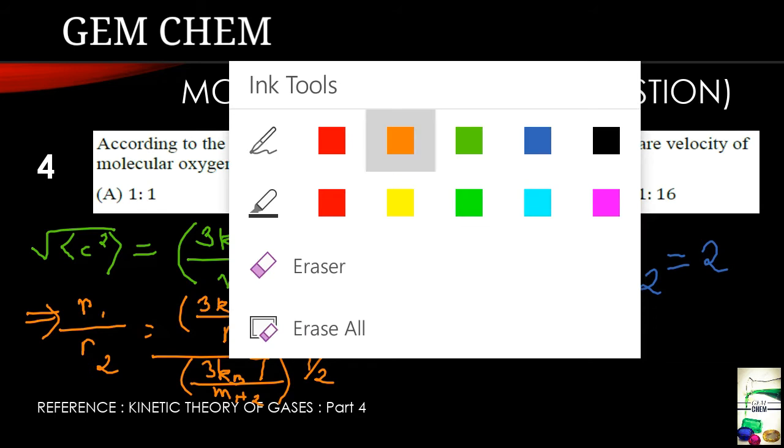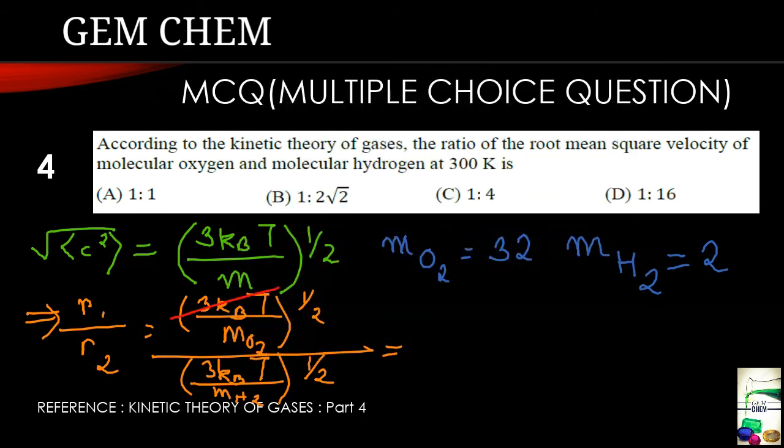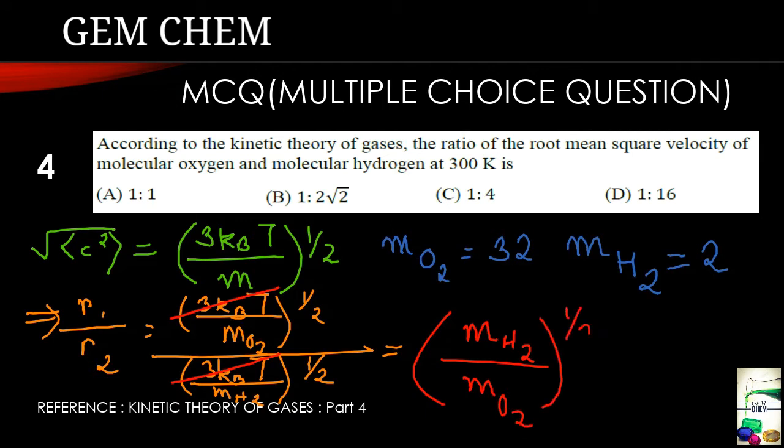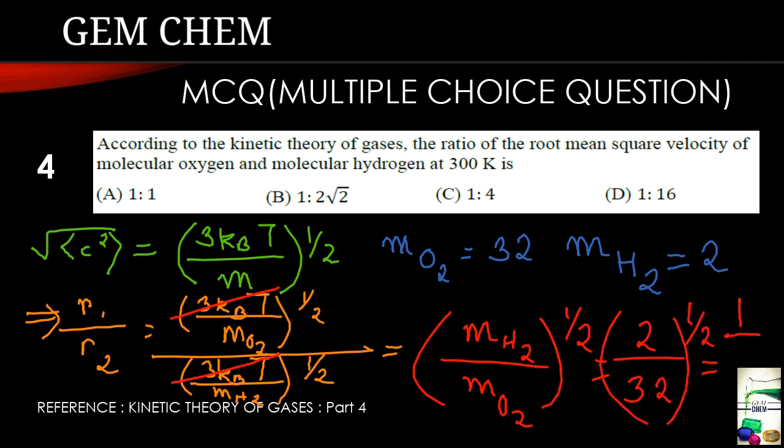Now this upper portion gets cancelled, that is 3kBT, and we are left with (M_H2/M_O2)^(1/2), and the value is (2/32)^(1/2), and it comes to be 1 by 4. That is, C option is our answer, 1:4, right?